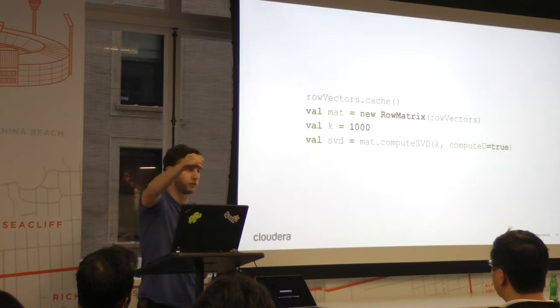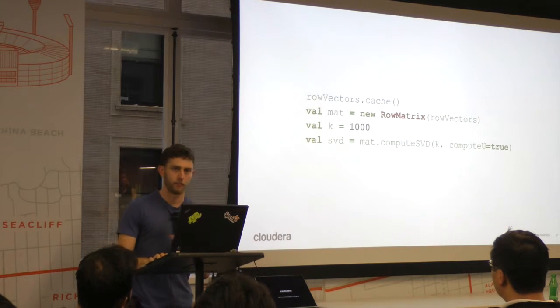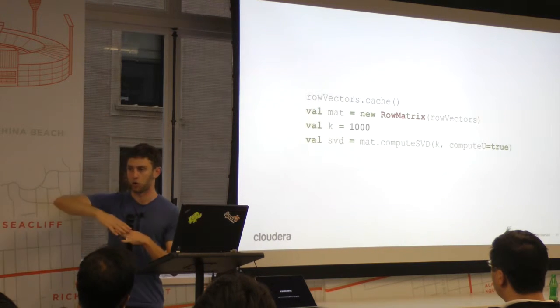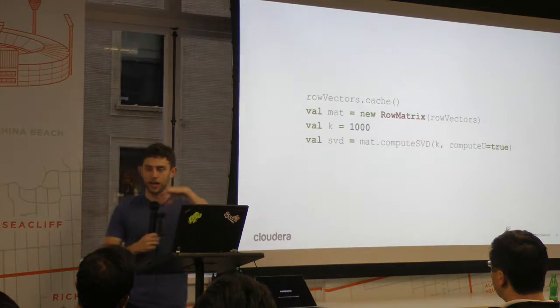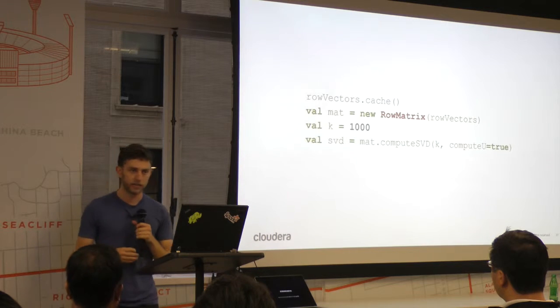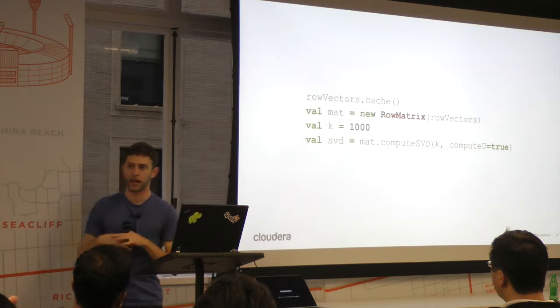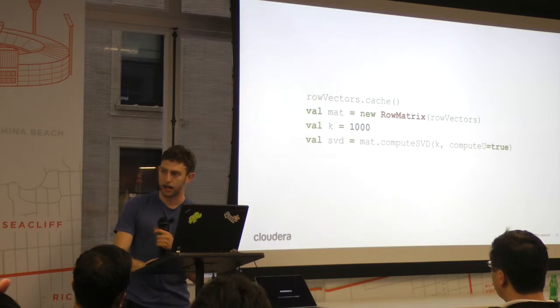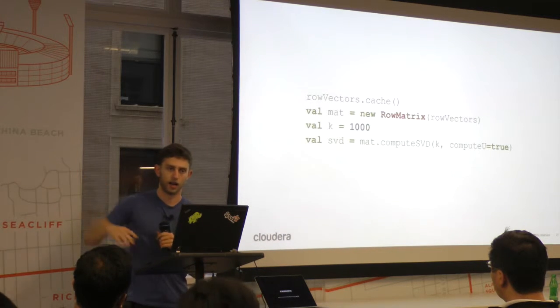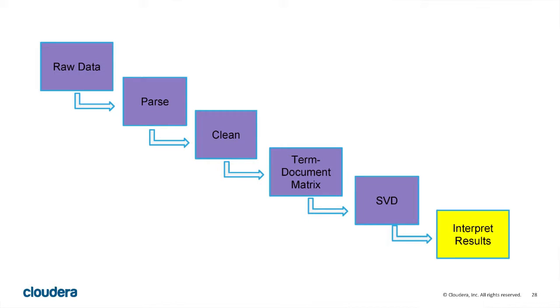You have to tell it to compute U, which is a little more expensive, if you want to use it. U is a big matrix, so it's stored as an RDD. Again, it has one element per document, which is per record in our original RDD. And V is a smaller matrix, so it's only going to have, say, 50,000 elements in its longest dimension if we only care about 50,000 terms.